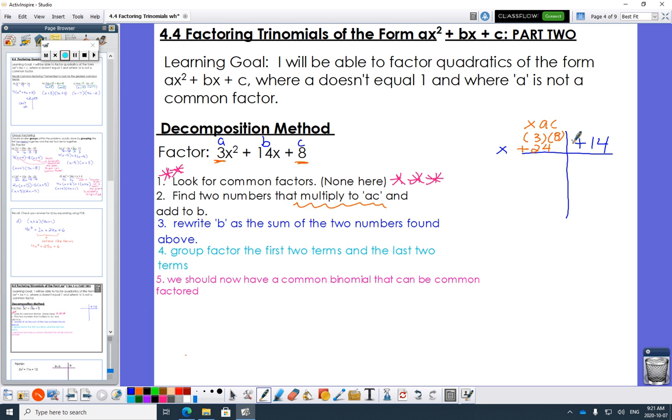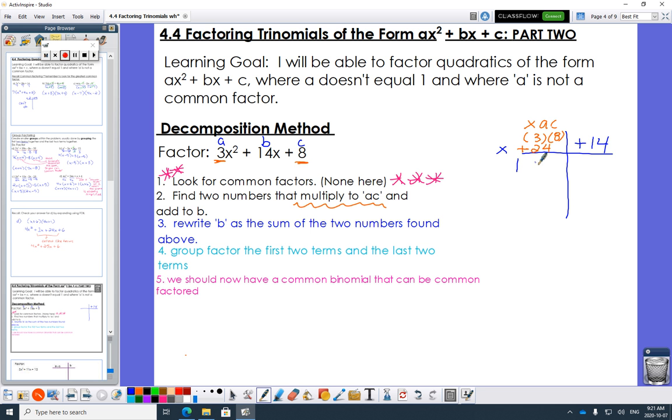So now we are going to find the two numbers. 24 has a lot of factors, which is fine. Maybe if you are good at this, doing 1 and 24, you recognize whether it's positive or negative is never going to get you 14. But if not, then do the same thing we did yesterday.